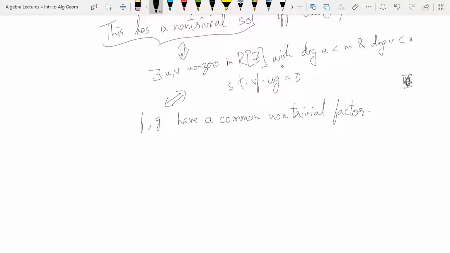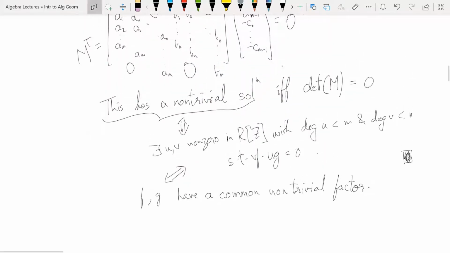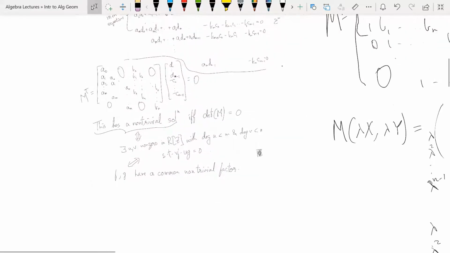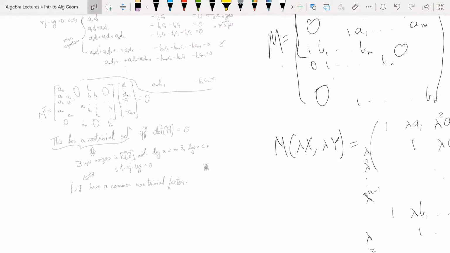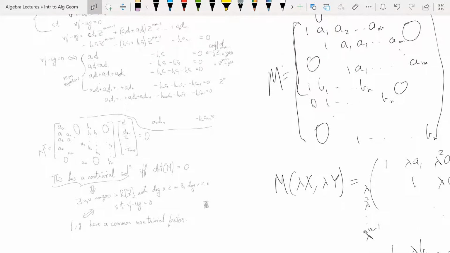So thankfully, in our case, when R is a homogeneous polynomial ring in two variables over an algebraically closed field, the resultant happens to be a homogeneous polynomial, and then you can actually factor it into linear factors.